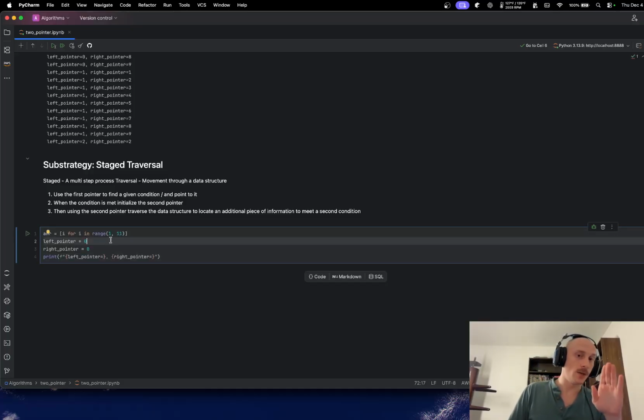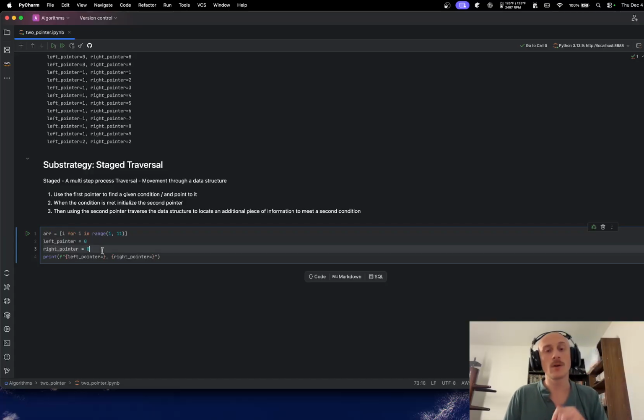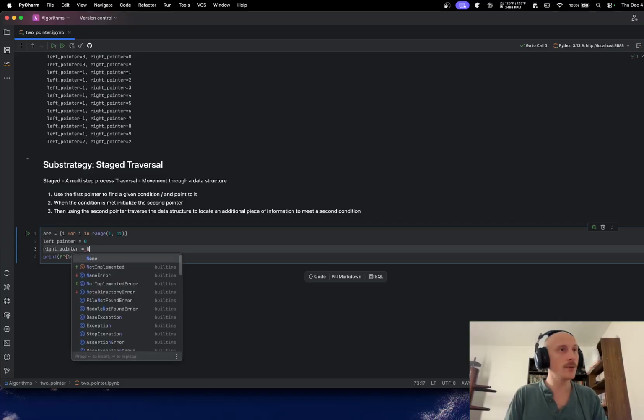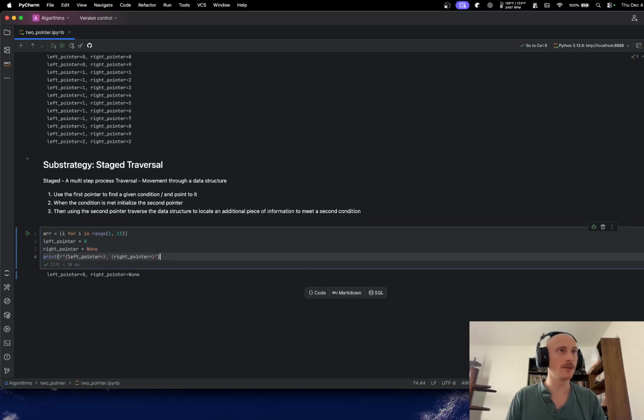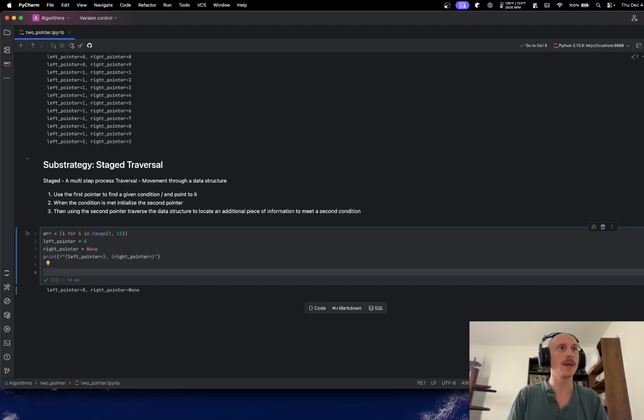Alrighty. So we have an array of numbers 1 to 10. We have a left pointer 0, and our right pointer we don't want to initialize yet, so let's go ahead and say None. Okay, maybe not the best thing, but let's go ahead and take a look. Looking good. Okay, so what do we want our case to be?